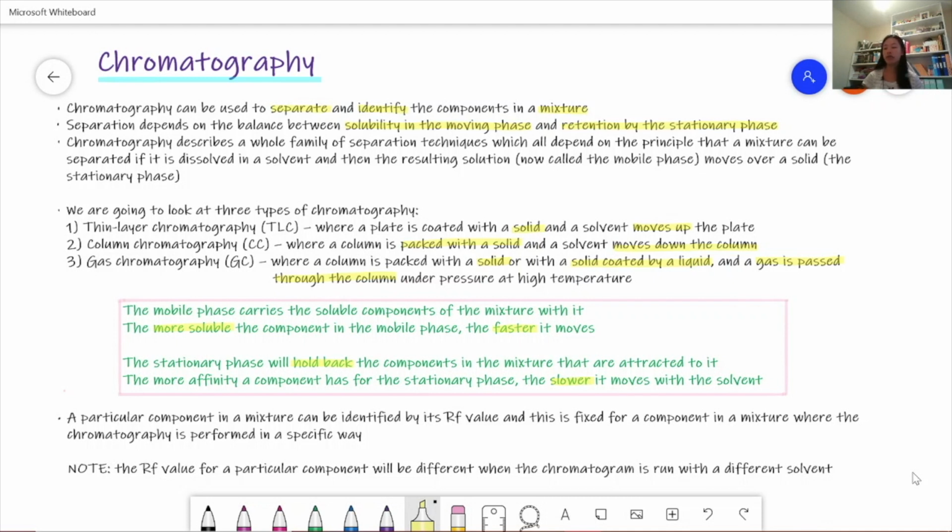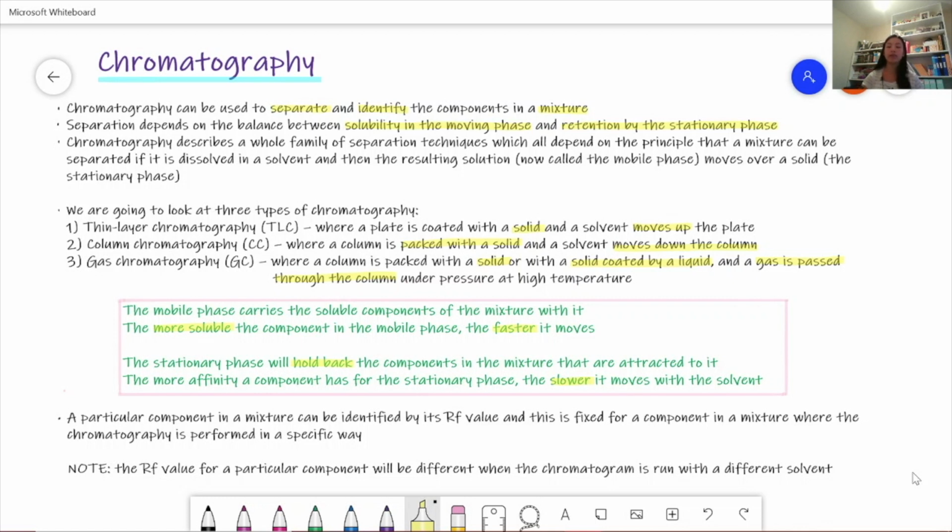In paper chromatography, the stationary phase is the paper, because the paper's not moving, and this is what slows some components in the mixture down and doesn't let them move with the solvent. So if a component has a higher affinity for the stationary phase, it will move more slowly with the solvent, and at the end it won't be as high up the paper as other things.